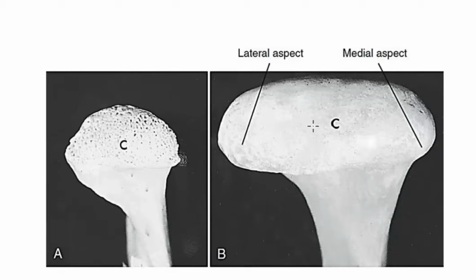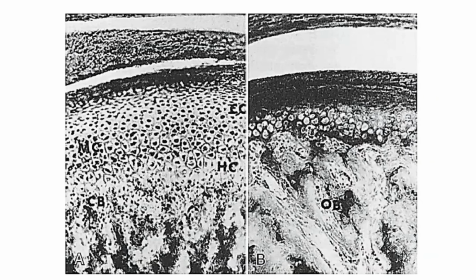So we'll have cartilage plus an overlying layer of fibrous tissue that we have talked about. Let's go here. New cartilage cells arise from the cellular layer of the perichondrium, which covers the condyle here.